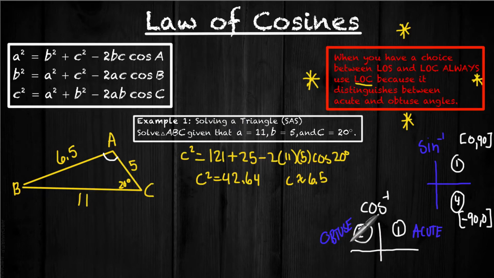So if angle A is really an obtuse angle, inverse cosine will give it to you. If it is acute, inverse cosine will give it to you. So I want to caution you: when you have a choice between the law of sines and the law of cosines to find an angle, even though it may be easier to use the law of sines because it's a simpler formula, resist that temptation, and use the law of cosines.